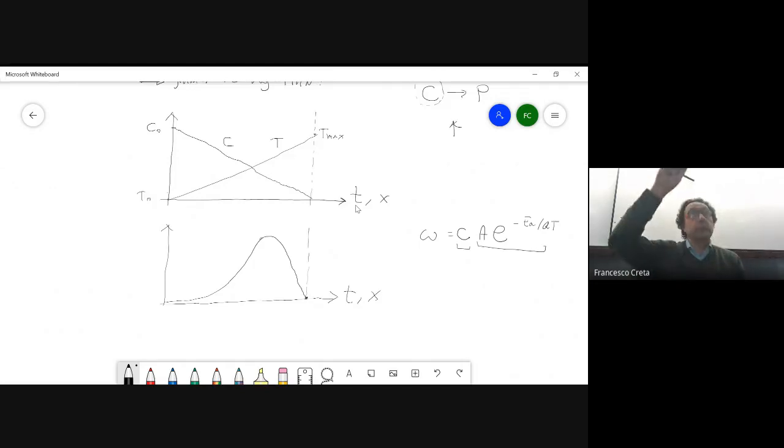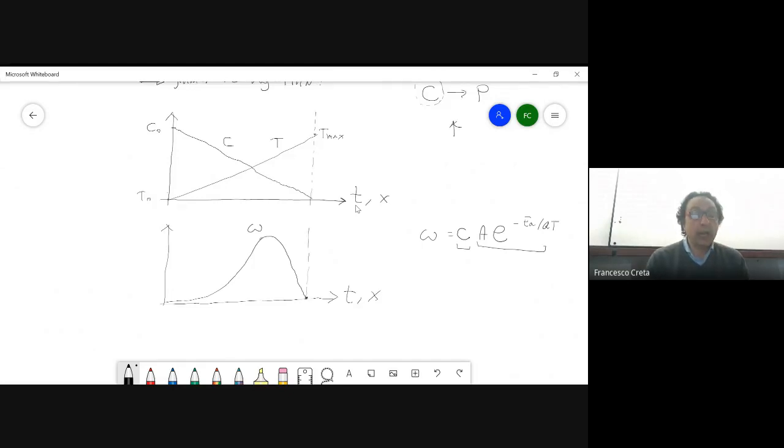It will increase and then decrease. And where the flame is actually located in space is exactly the volume or the area where the reaction rate omega is non-zero. So around here.